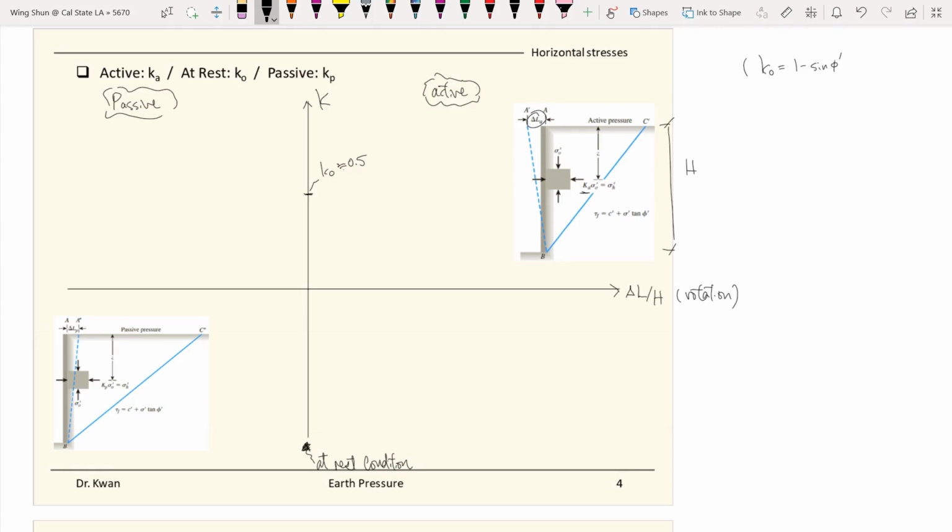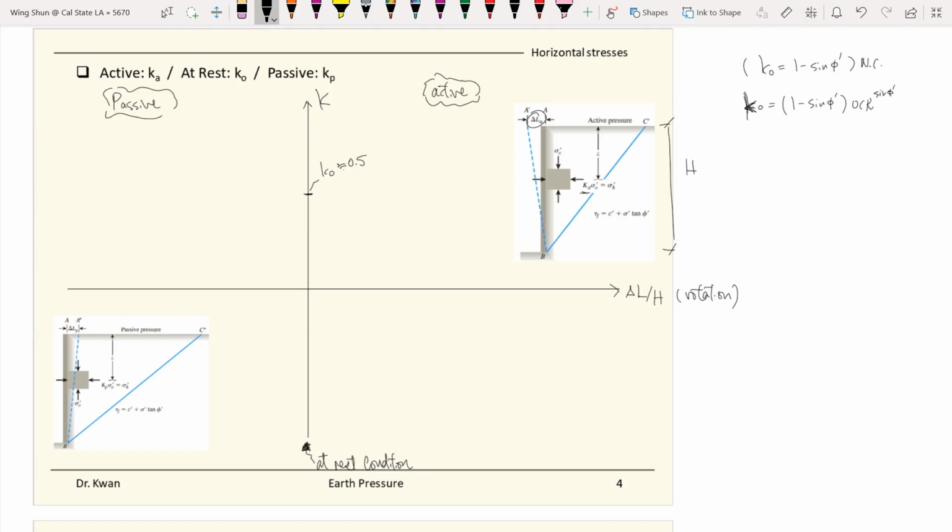This is for normally consolidated soils. And for overconsolidated soil, it is equal to this formula here: 1 minus sin phi prime times OCR to the power sin phi prime. So this is how to find the K naught.